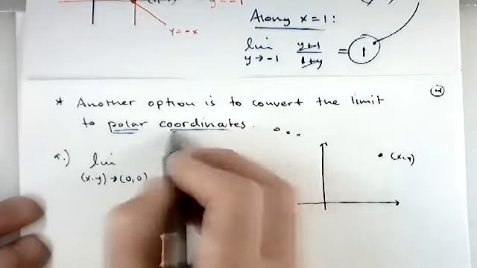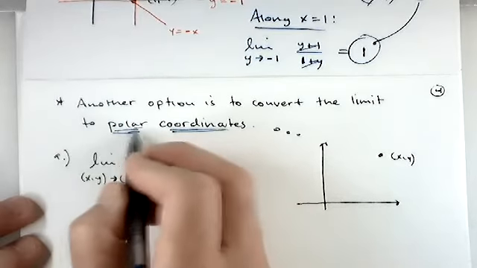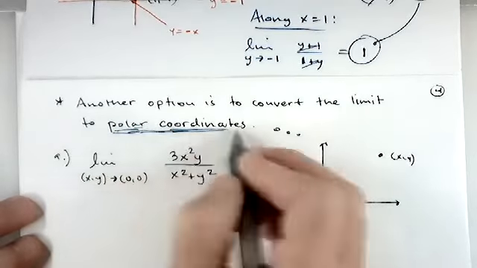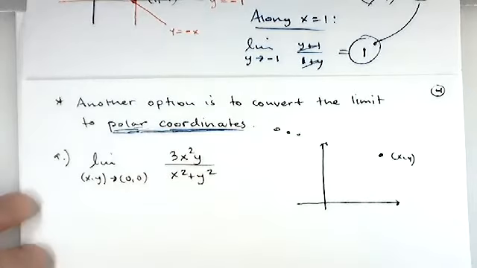And having said that, let me also mention that 21C is all leading towards 21D, where we work with vectors, we work in 3D, but also pretty early on in 21D, we do things in polar coordinates.